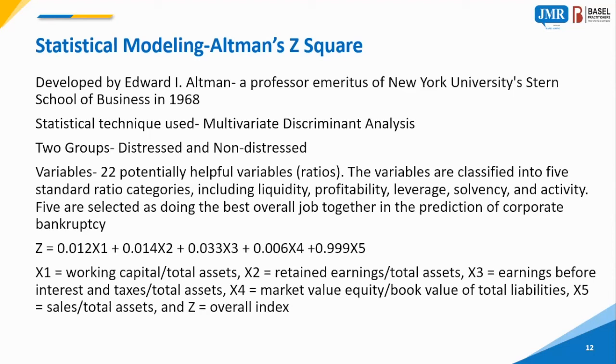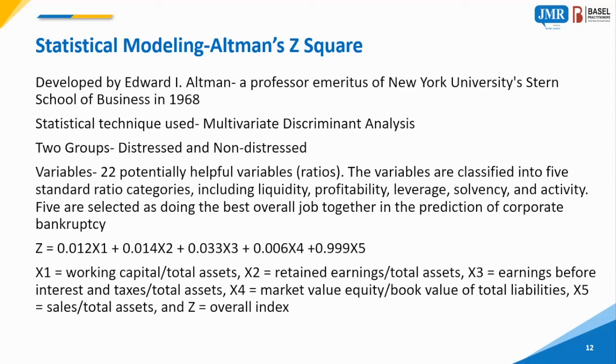The technique is called multivariate discriminant analysis. What it does is combine many numerical variables, or some categorical variables which can be converted to numericals, say 1, 2, 3, 4, like that. You have a linear combination of these variables with certain coefficients or weights attached to them, and you will get a number.